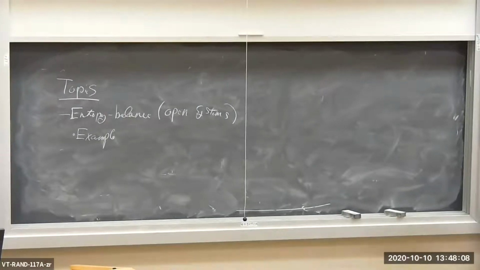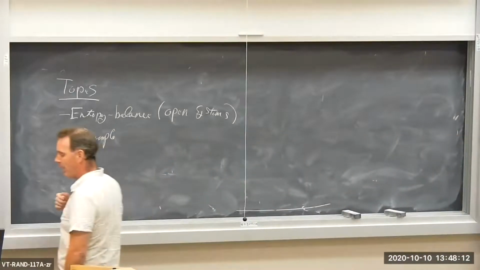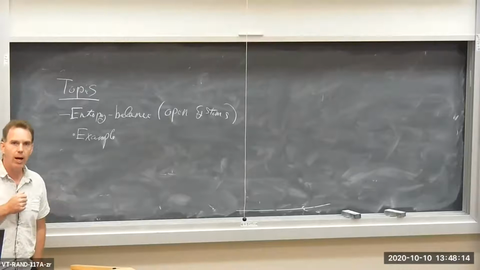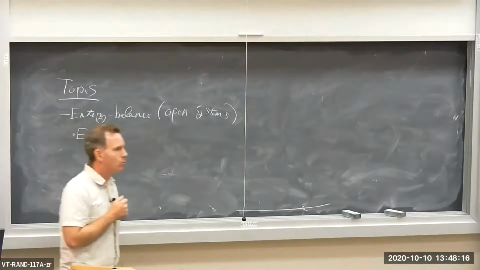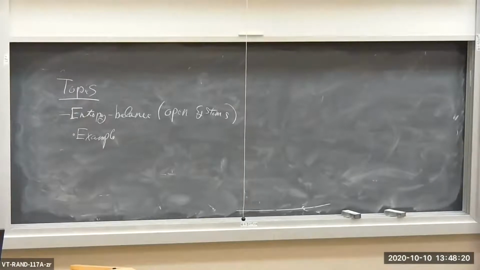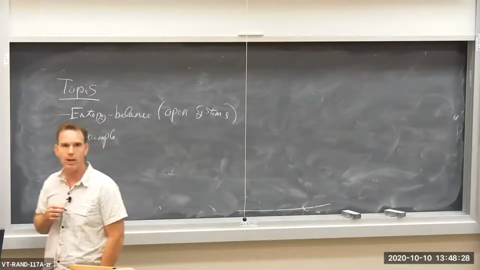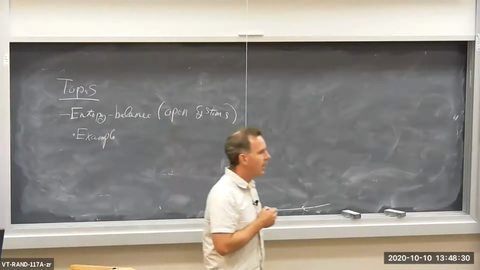We're going to be applying the Reynolds transport theorem to a closed system entropy balance to arrive at an open system entropy balance for entropy, as I said. And then we'll do an example. We'll apply our open system entropy balance and look at entropy generation within a nozzle.